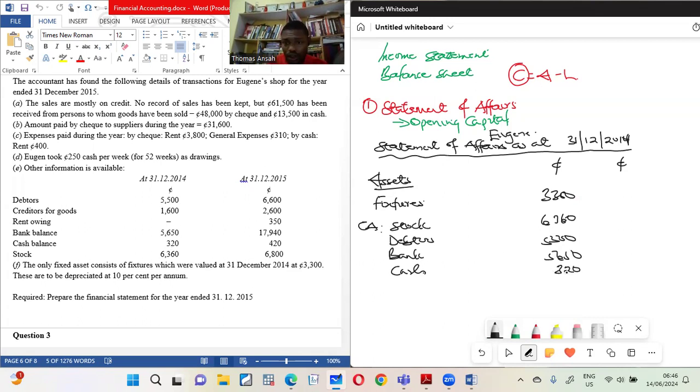So we add all our assets together: 3,300 plus 6,360 plus 5,500 plus 5,650 plus 320. What I have here is 21,130. All right, then we come to the liabilities.